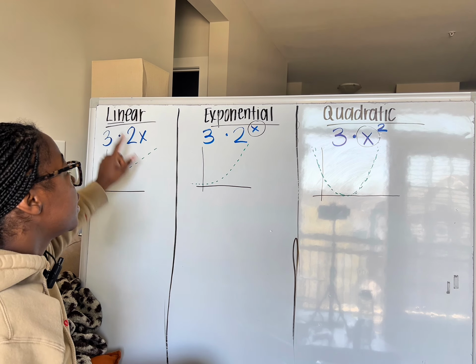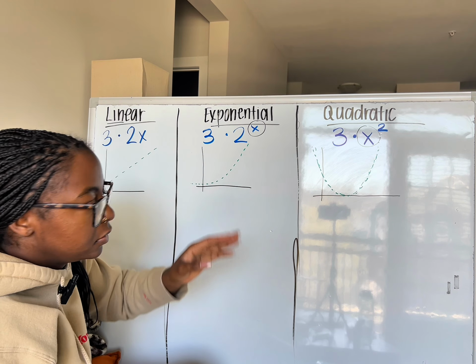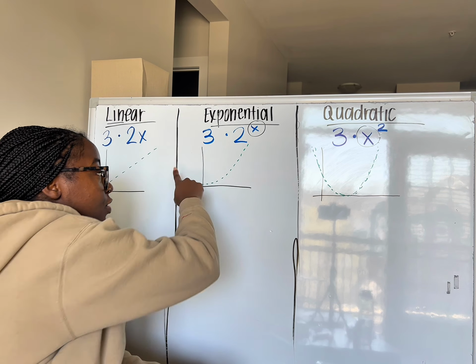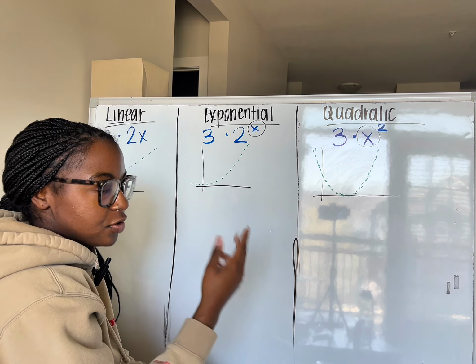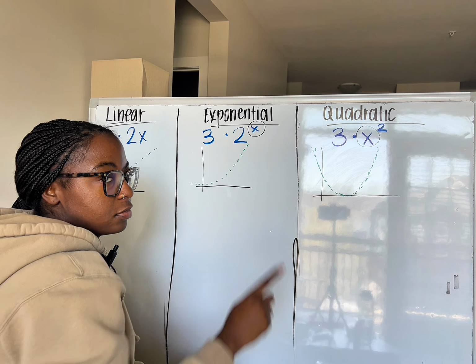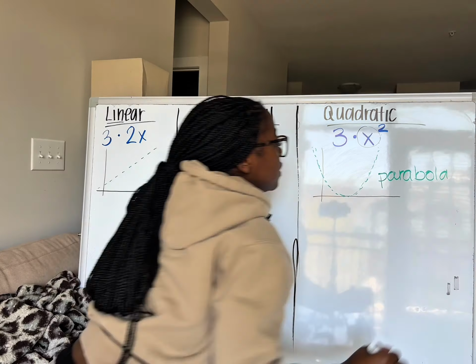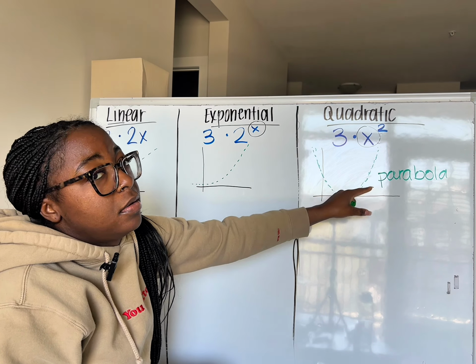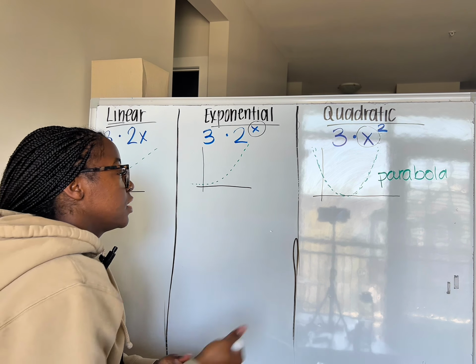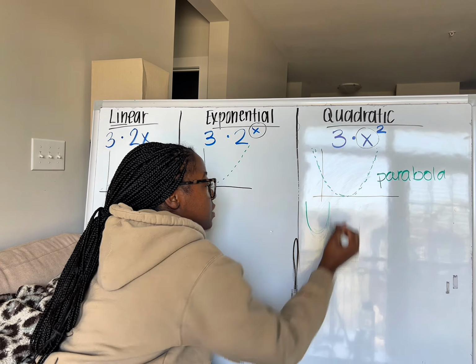Linear is a line. Exponential is the one with the curve. One curve. Shoop. That's how exponential sounds. Shoop, shoop. Quadratic, this is where we see a parabola. I've been mentioning it throughout the year, but a parabola is just this.